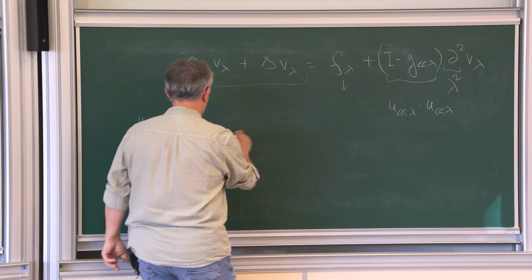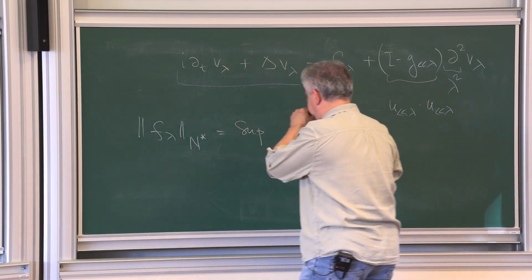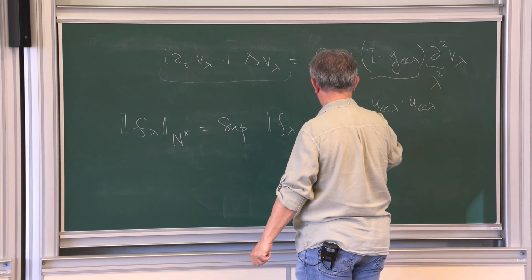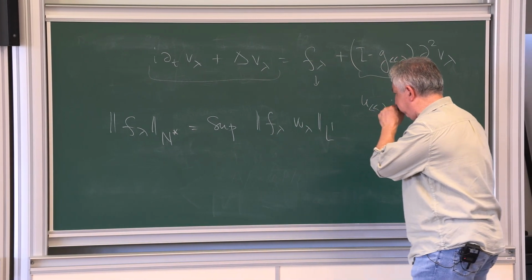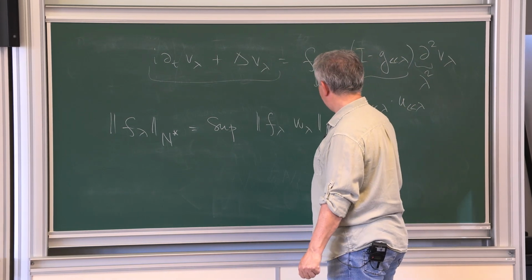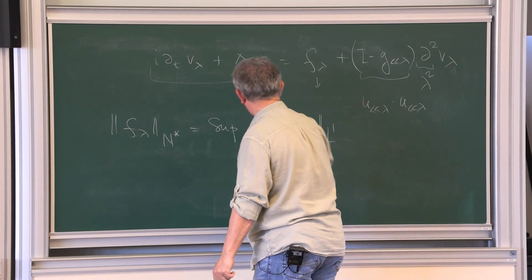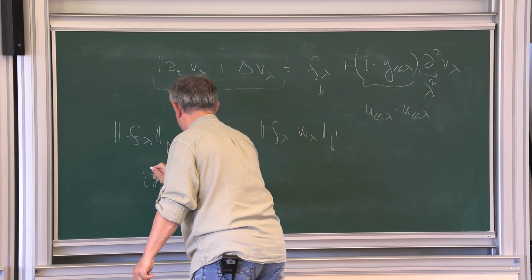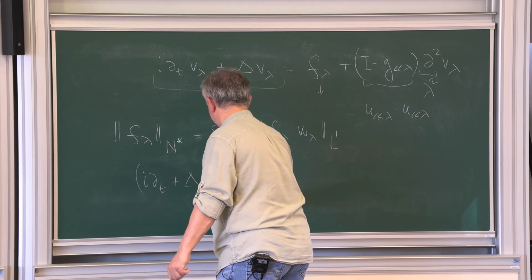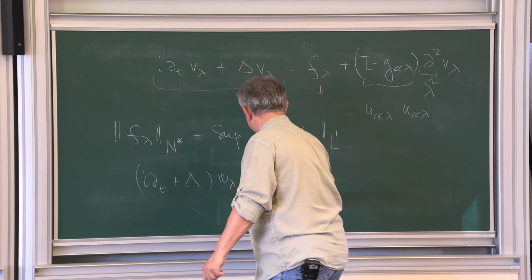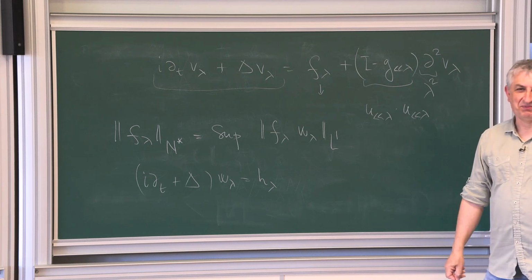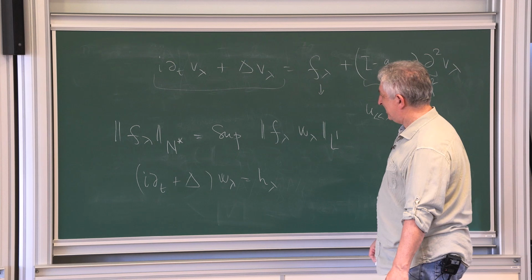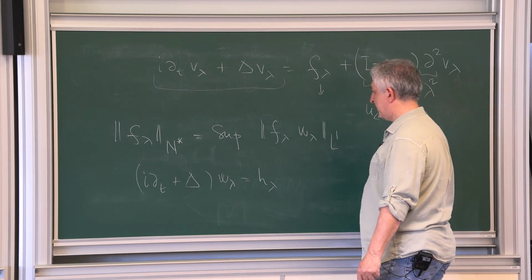So this would be the supremum of the norm of f lambda w lambda in L1, when w lambda solves (i dt plus Laplacian) w lambda is equal to, so now we can finally have the h lambda. I think in the paper we put g in there, I must say. All right. So it's an inhomogeneous Schrodinger equation.